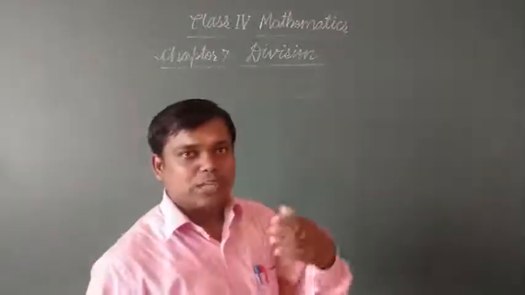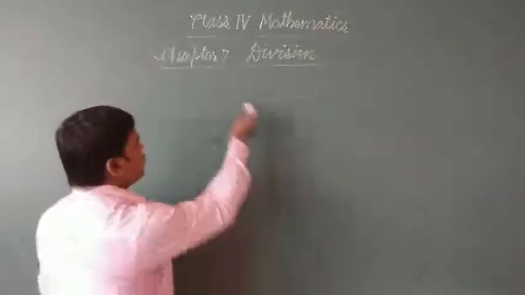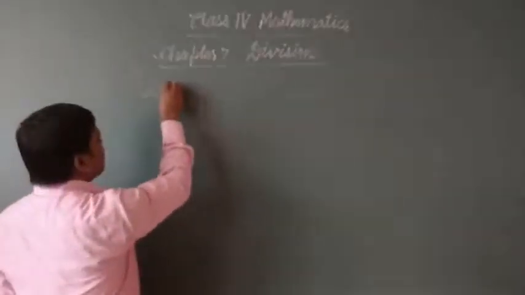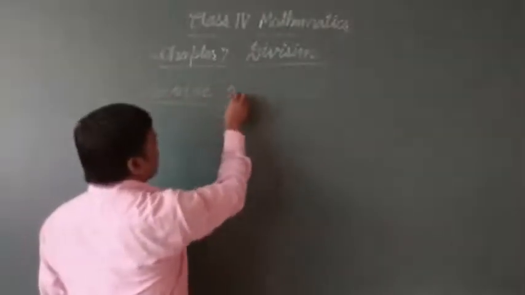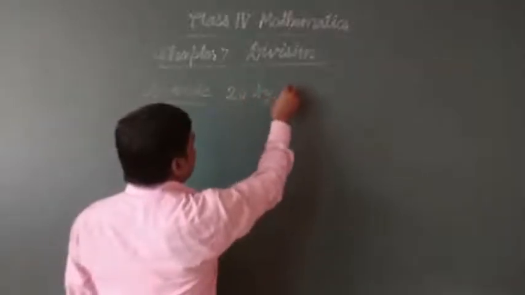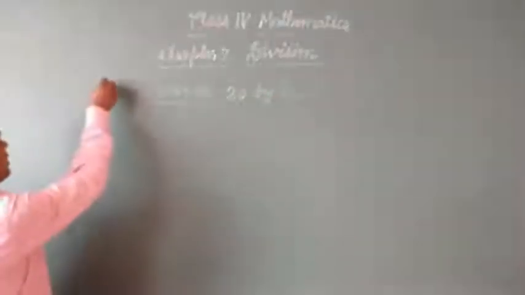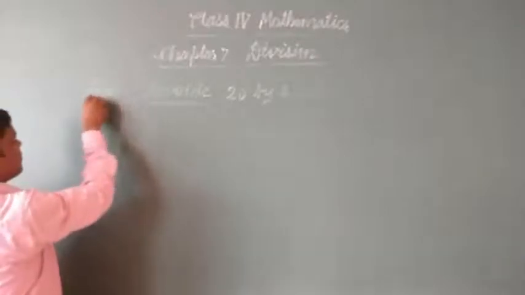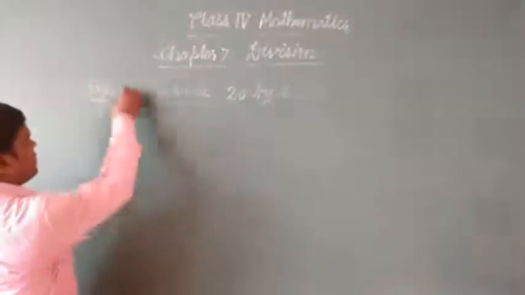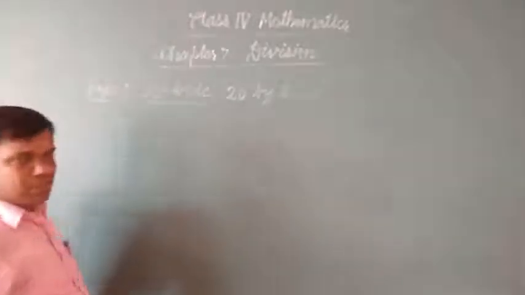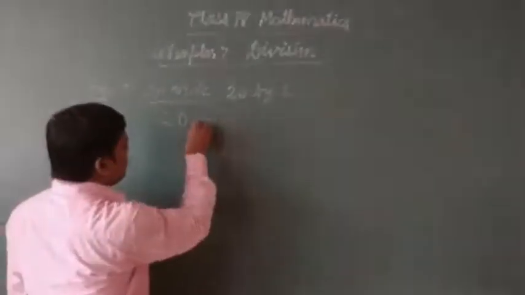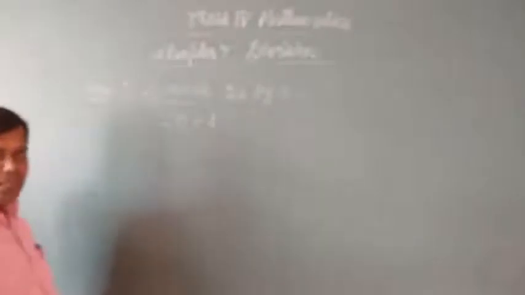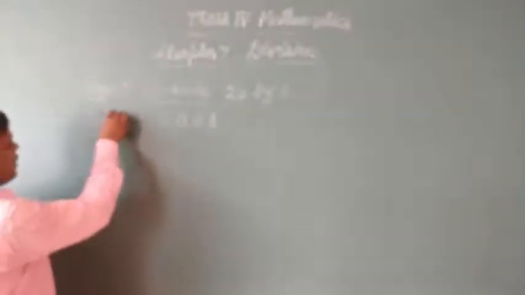Here I am going to make you understand. Suppose it is given, divide 20 by 4. We have an example, divide 20 by 4. So you will surely write it 20 divided by 4. Then you write solution and then you write 20 divided by 4.